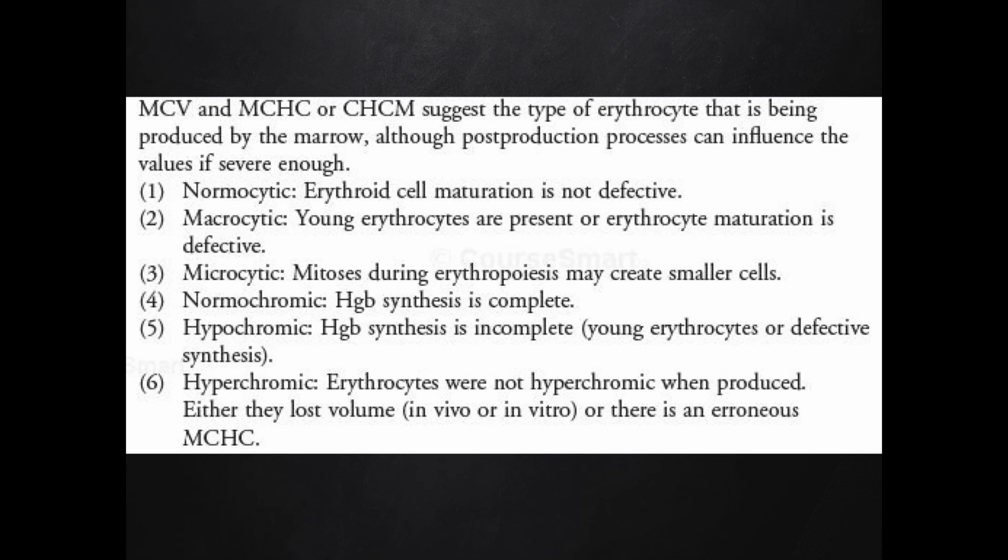In hyperchromic state, erythrocytes were not hyperchromic when produced. Imagine one red blood cell carrying many hemoglobins. It is impossible for the red blood cell to carry more hemoglobin or oxygen, so it is either they lost volume in vivo or in vitro, or there is an erroneous MCHC reading.